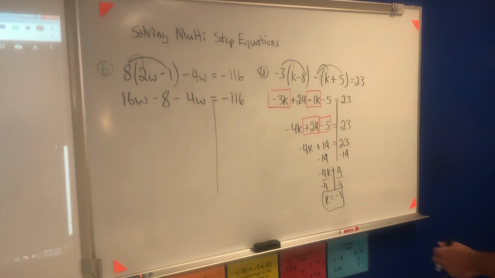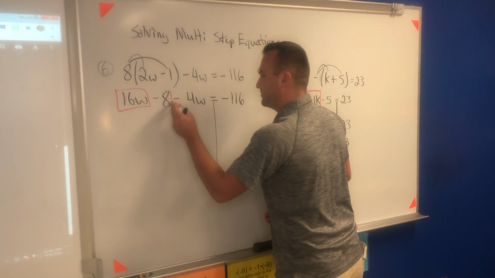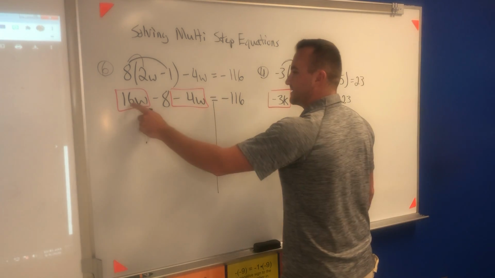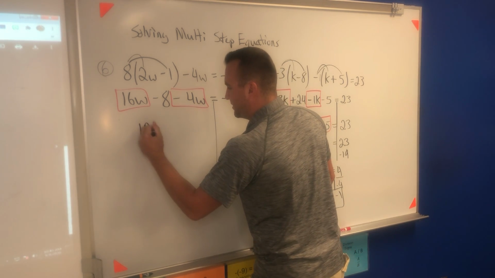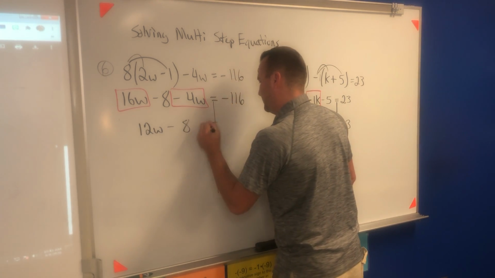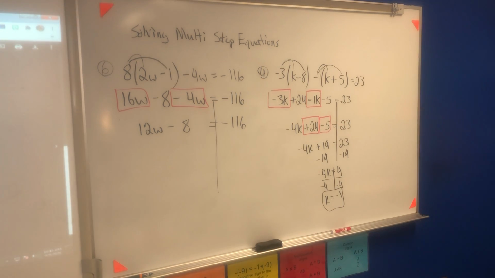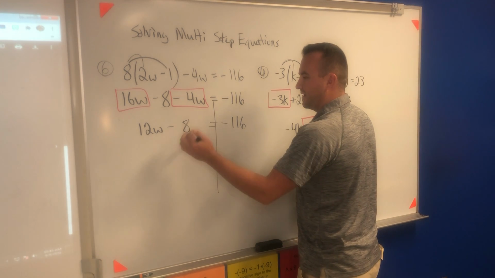Okay, building my wall. On the left-hand side, do I have any like terms? Yes. 16w and negative 4w. 16w minus 4w would be 12w minus 8 equals a negative 116. Any other like terms that I need to take care of? Nope. So I'll begin to solve. I want to get w by itself. I move the 8 first.